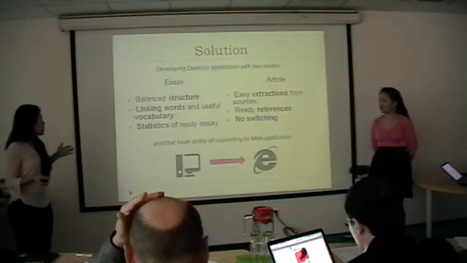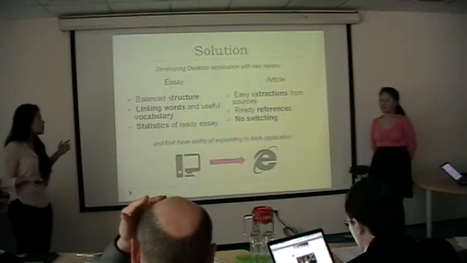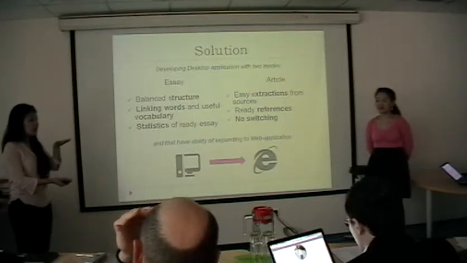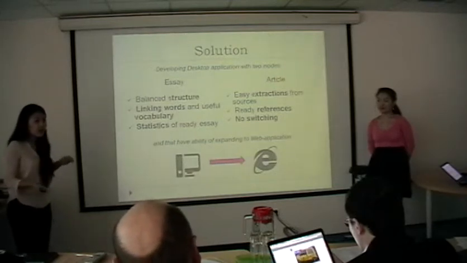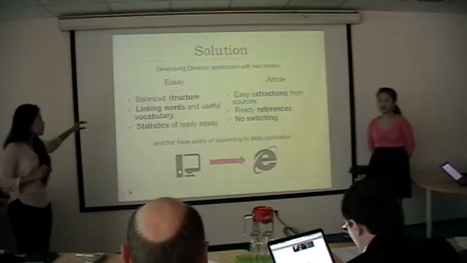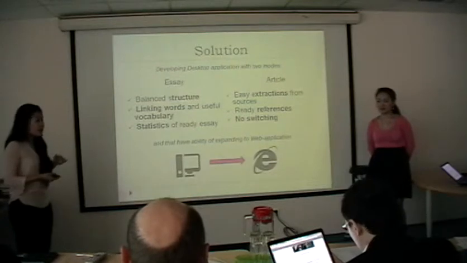And the second one is linking words and useful vocabulary. What does it mean, linking words? It is some data of linking words, and later you will see how you will use this. And vocabulary means synonyms and also translation of the word. And the third one is statistics.